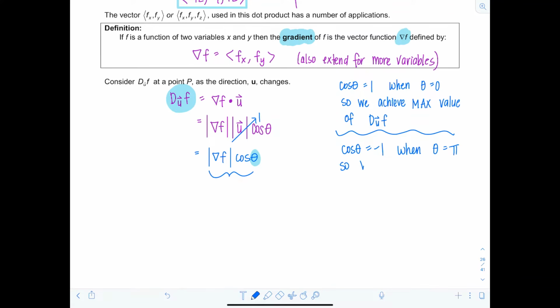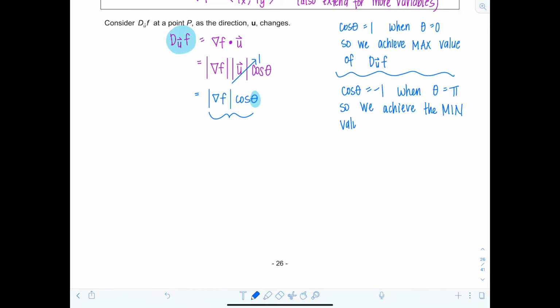So in that case, we achieve the minimum value of the directional derivative when your unit vector, u, is in the opposite direction of the gradient. So when theta is 0, they're parallel and in the same direction, u and the gradient. And when theta is pi, they're still parallel, but they're in opposite directions.